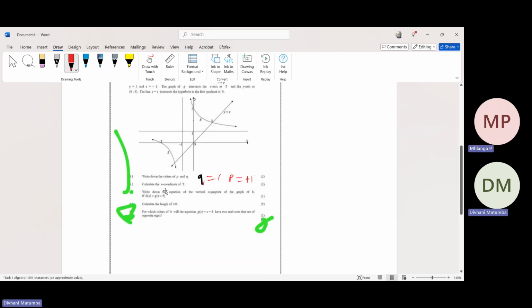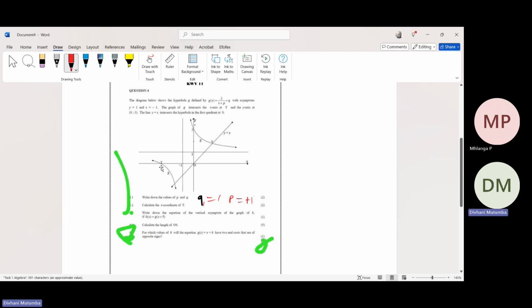And then calculate the coordinates of T. T is a point where the x-axis, or the y equals 0 line, meets our graph.